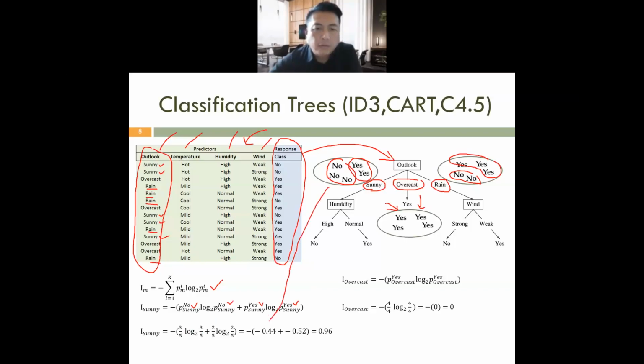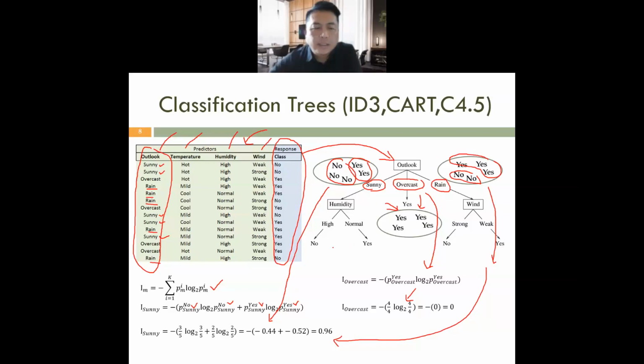Similar for the overcast, we will have 4/4, because we only have one class. We can also perform this one, which is similar to this, because we have 3 and 2.